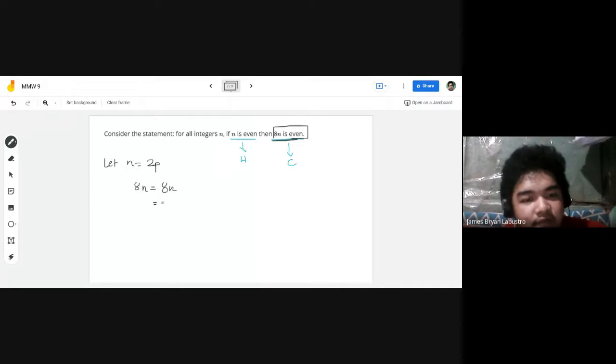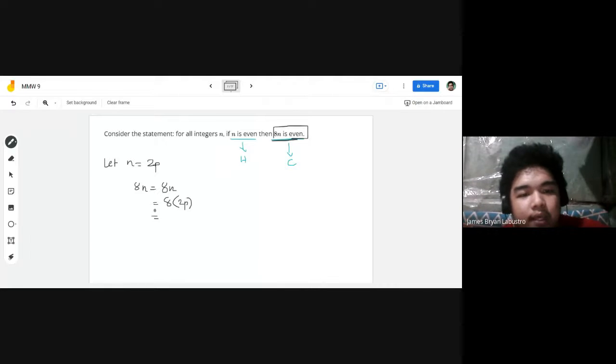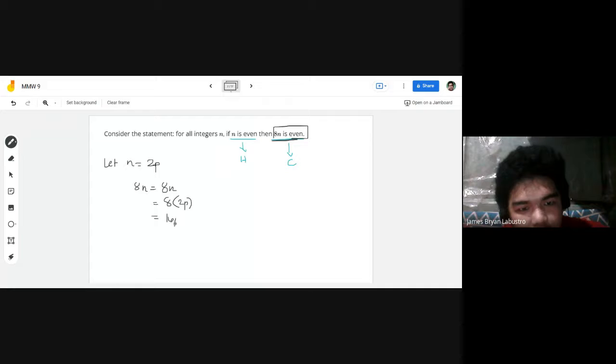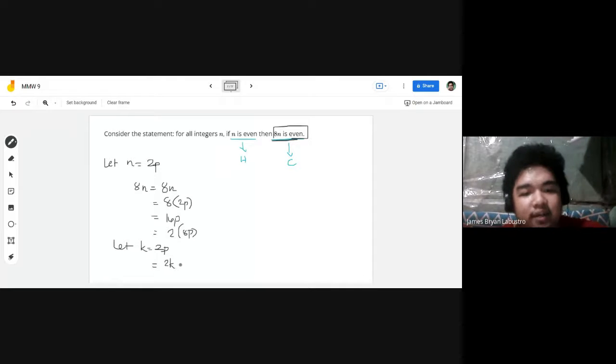So we have 8, that's the value of n, times 2p, equal to 16p. Then we factor out the prime number 2. So we have 2 times 8p. Then we let k equal 8p. So we have 2k. So therefore, they are equal.